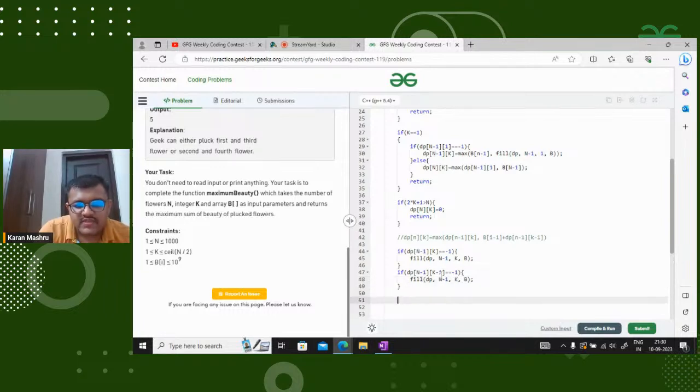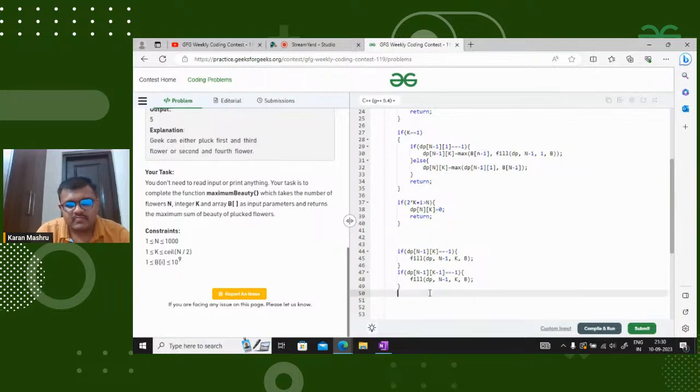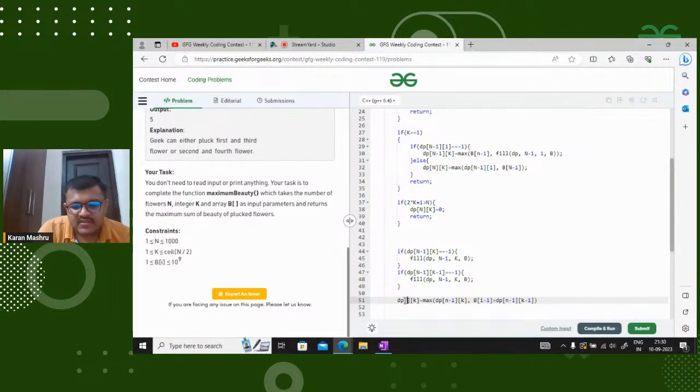So now both of these are filled, so now I can copy paste this, and I need to make these capital letters. So all the cases are covered.